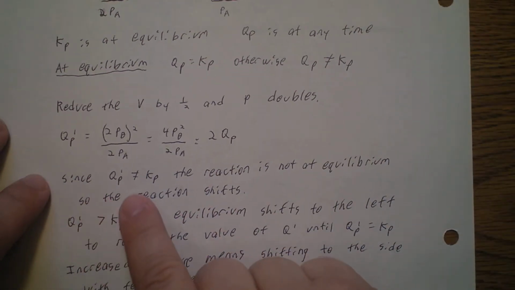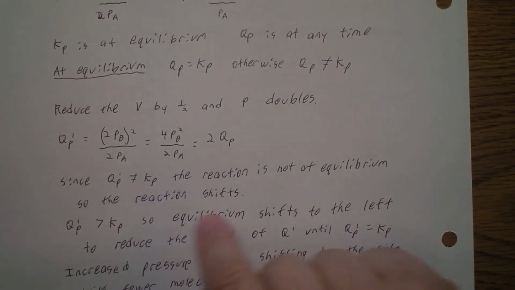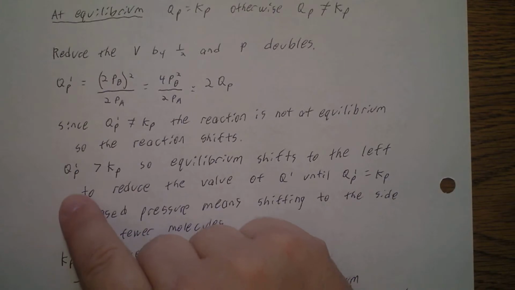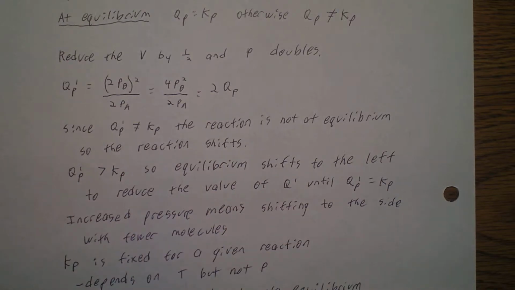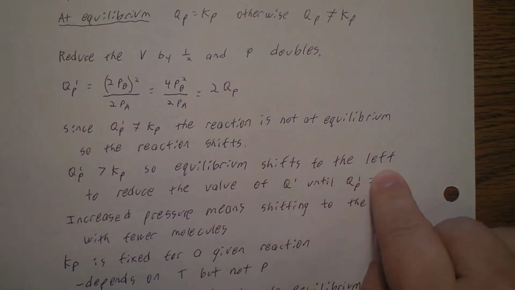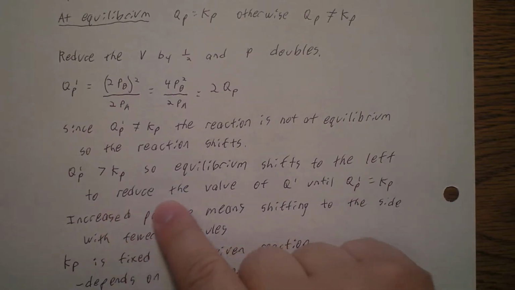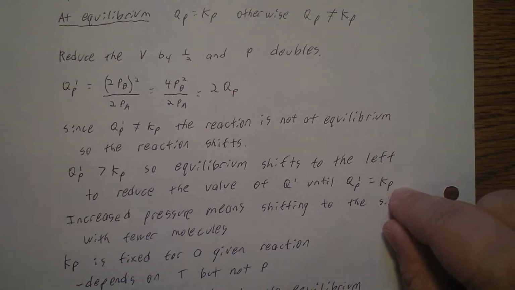Since Qp prime is not equal to Kp, the reaction is not at equilibrium, so the reaction shifts. Qp prime is greater than Kp, so the equilibrium shifts to the left. That's going to reduce the value of Q prime until Q prime becomes Kp.